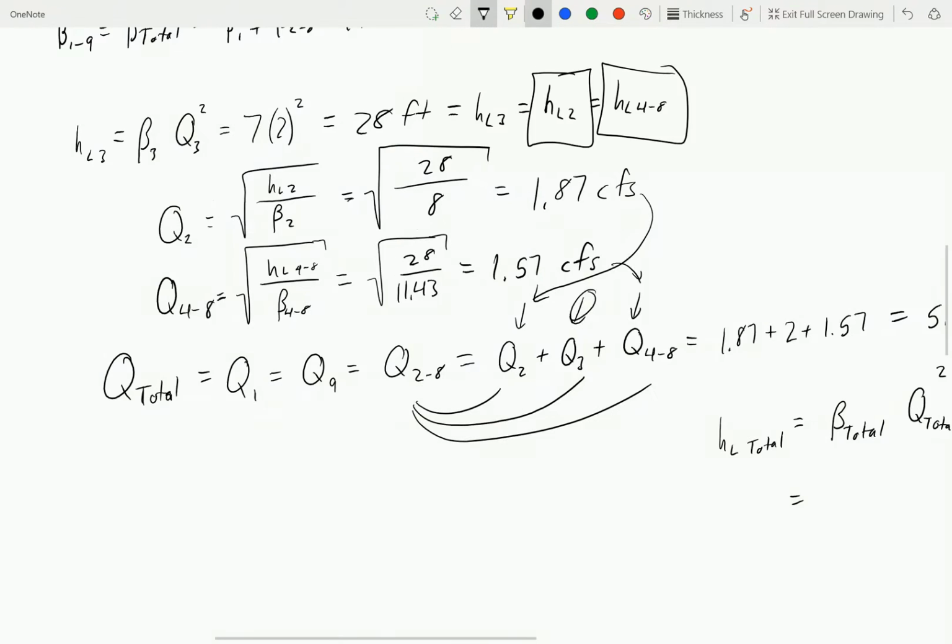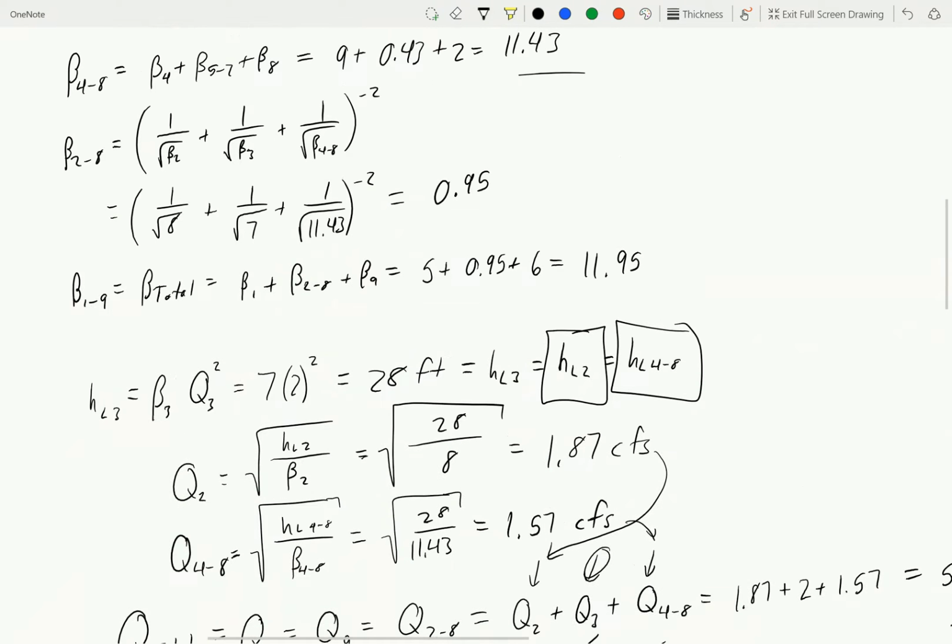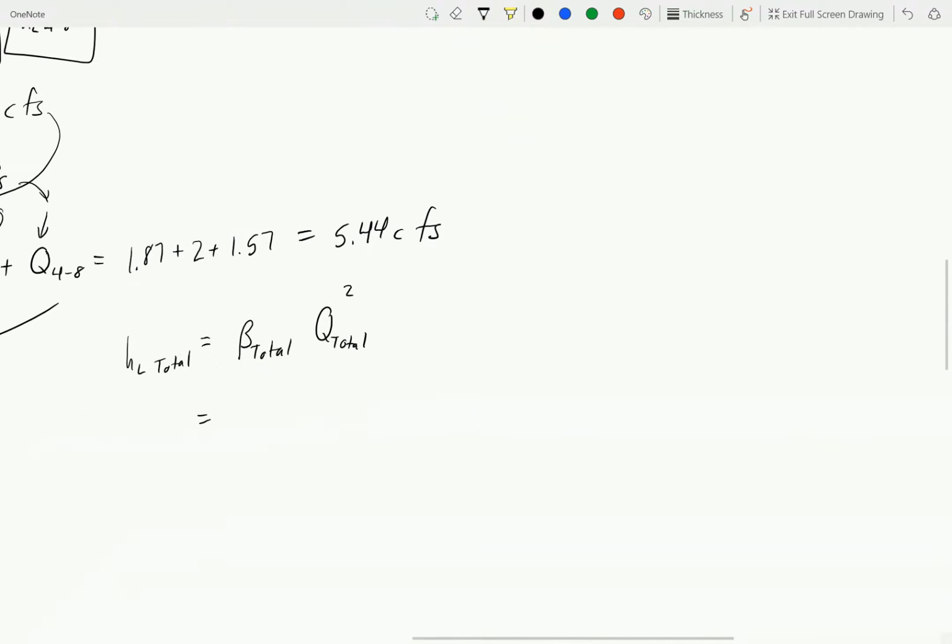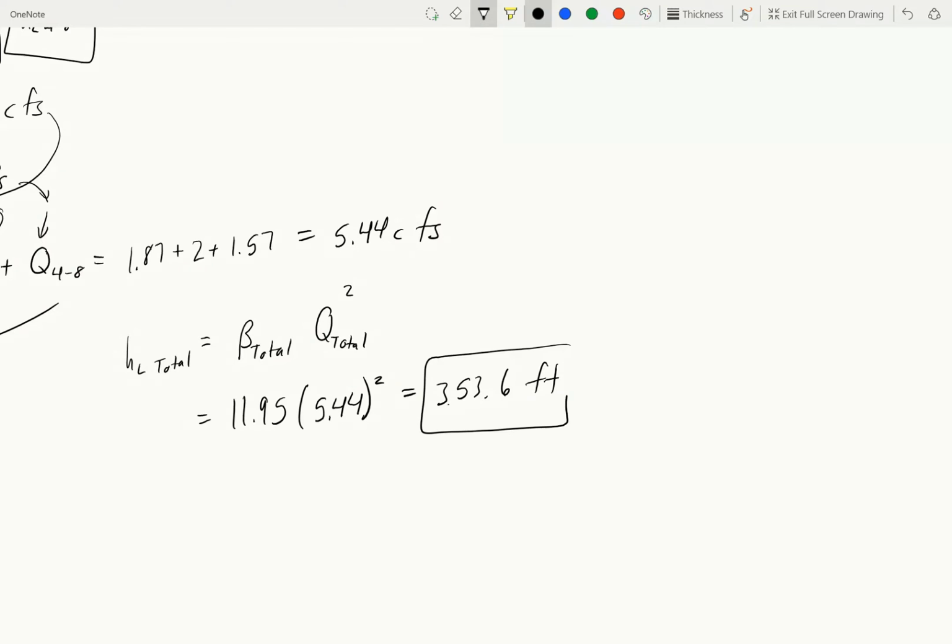And beta total is right here, we found that is 11.95. And Q total we just found, which is 5.44. And that is squared, and we get a value of 353.6 feet. And that is the total head loss of the system.